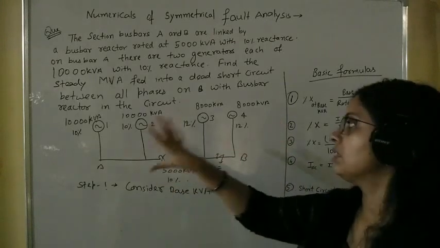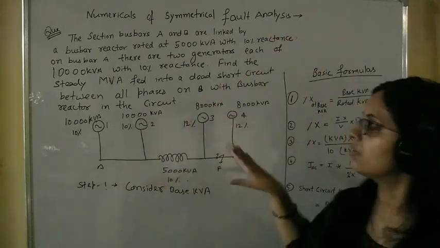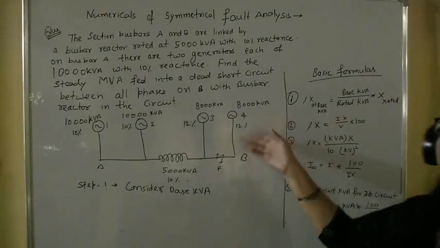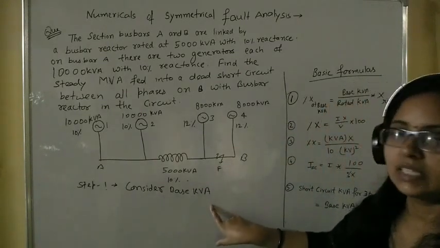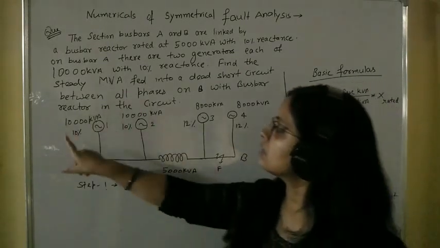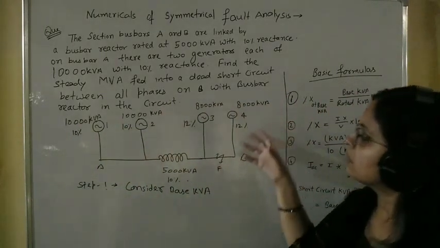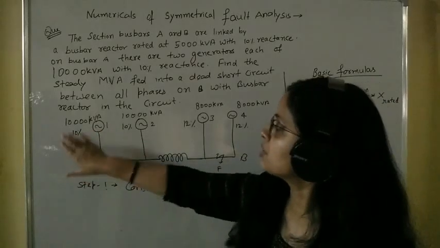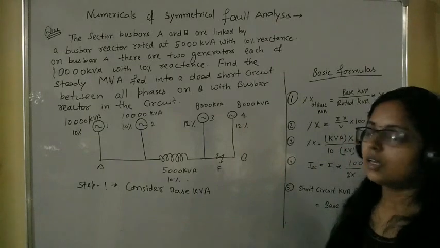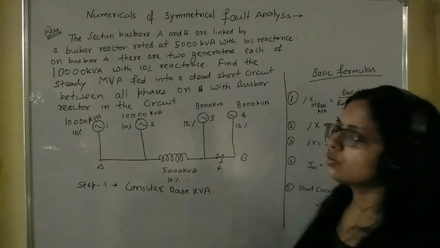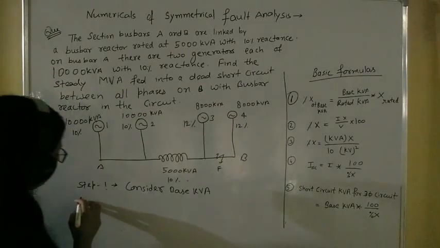If this theory portion is given and the diagram is not given, then the first step is to draw the single line diagram. Then you will choose this base kVA, that can be the largest kVA value of the equipments connected to this system, or it can be the summation of all the equipment ratings, or you can choose any value for base kVA.